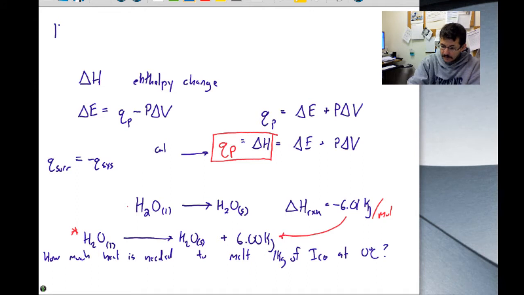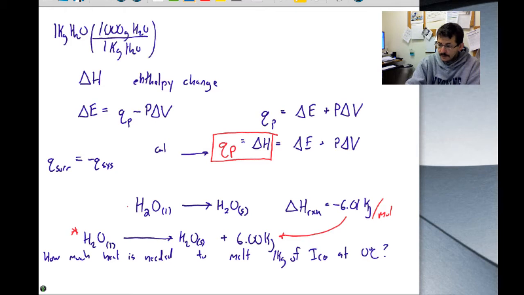Well, a kilogram is worthless to us. 1 kilogram of H2O is equivalent to 1,000 grams of H2O. And for every 18 grams of H2O, that is equivalent to 1 mole of H2O.